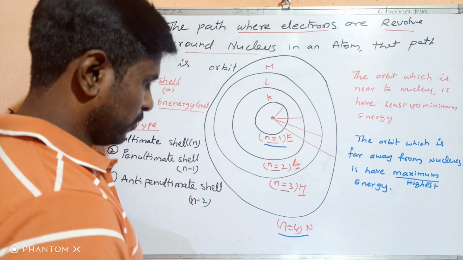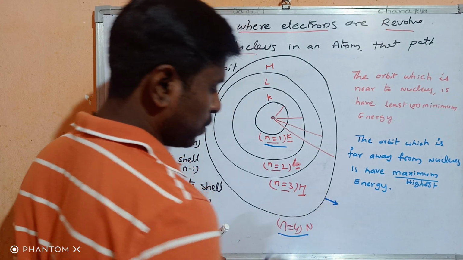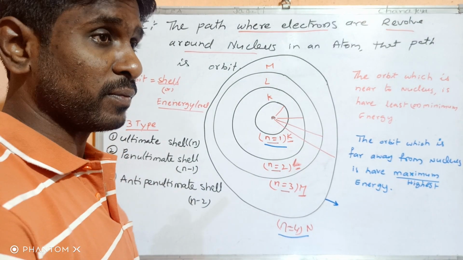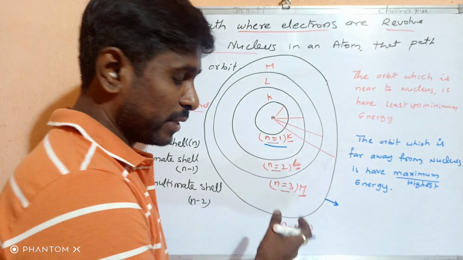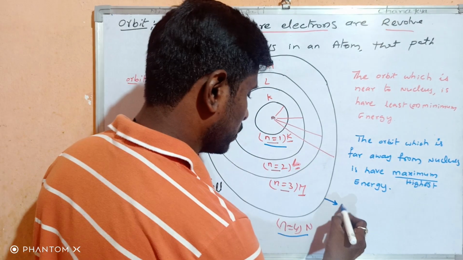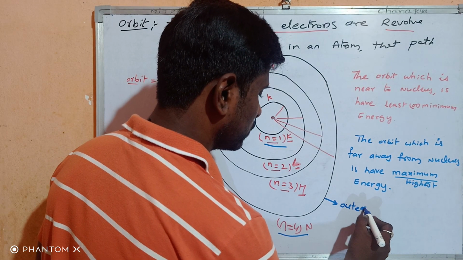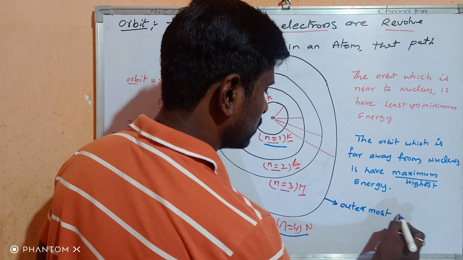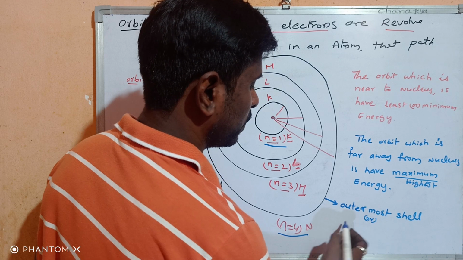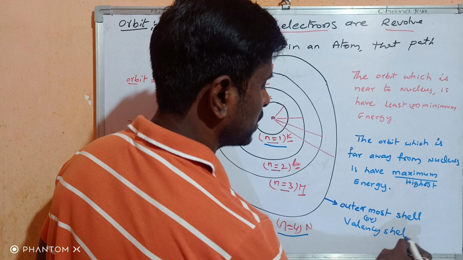Now listen, this is the ultimate shell, the shell which is far away from the nucleus. It means that is the outermost shell, also called the valence shell.